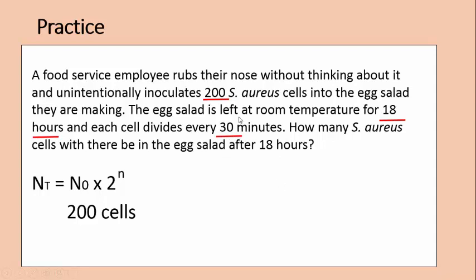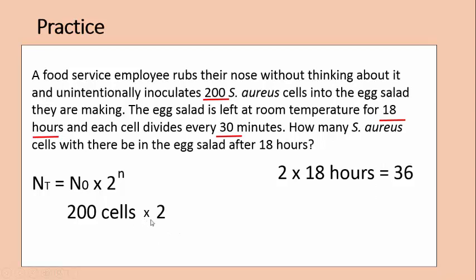So the first thing is we figure out how many 30-minute periods are in an hour. So you take 60 minutes, divide it by 30, you get 2. Then we take 2 and times it by 18. Because there are 2 generations per hour, we times it by the number of hours, and we get 36 generations.